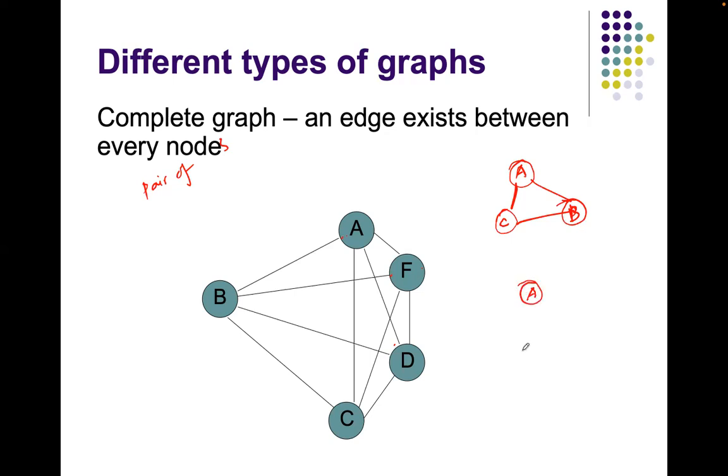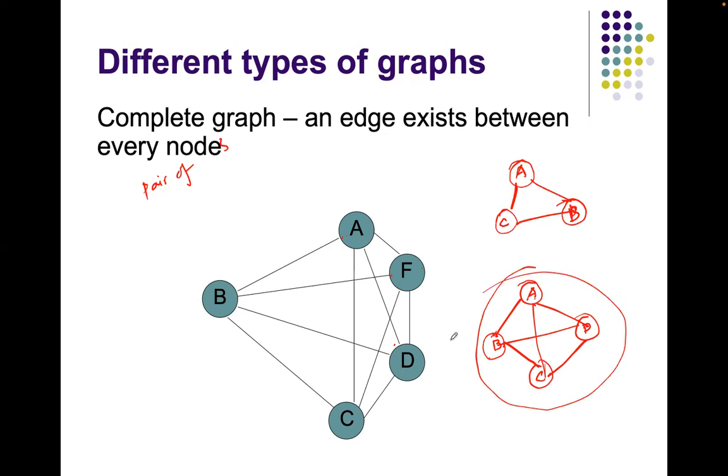So let's have four nodes. A will be connected with B, C, D. B will be connected with A, C, and D. D will be connected with A, B, and C. So that is a complete graph. A complete graph means there exists an edge between every pair of nodes.